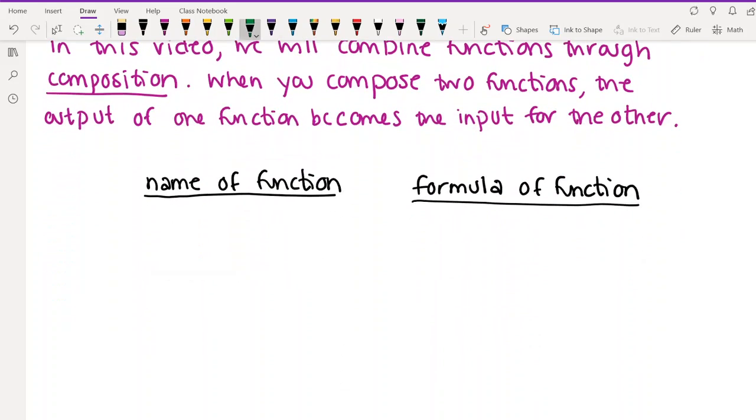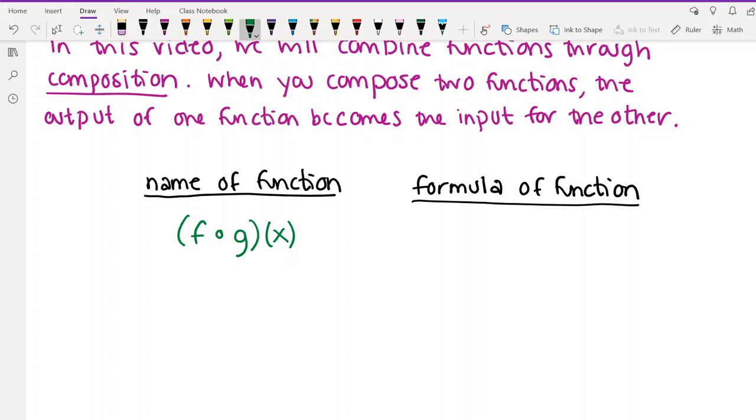Similarly here, when you're composing two functions together, we're going to use a new symbol, which is this little circle. It's kind of like the degree symbol, but in the middle rather than up high. So it's not the letter O, it's just a little circle. When you write down f composed with g of x, how do you turn that into a formula?